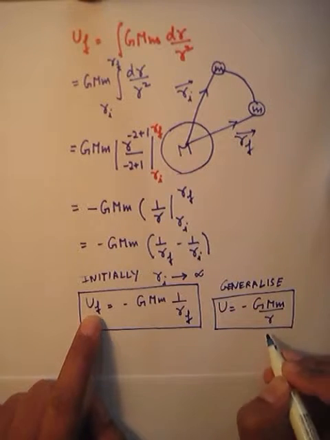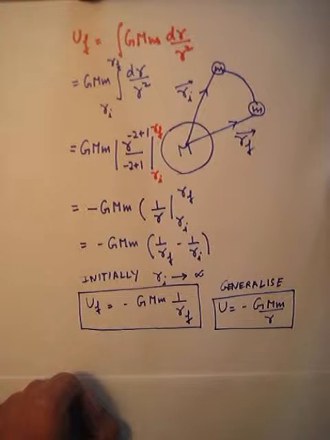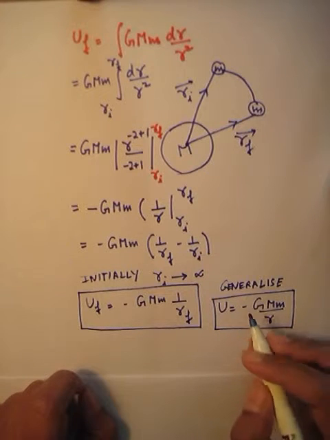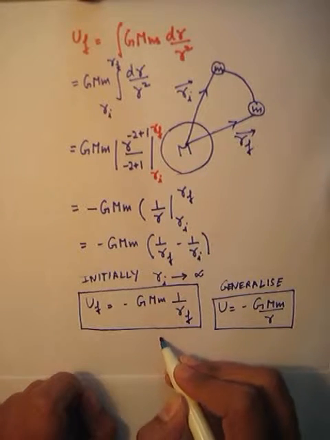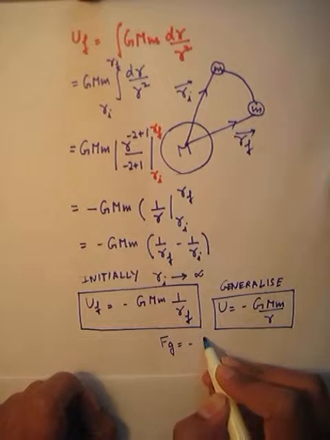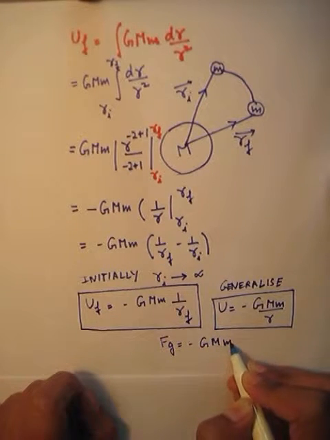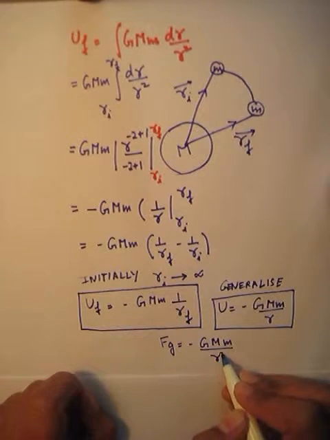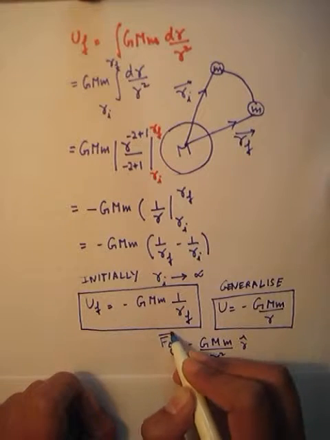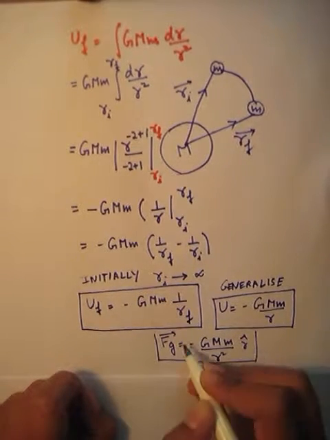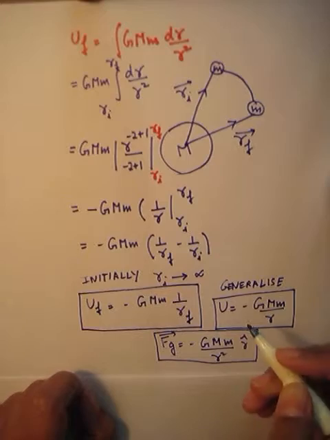For each value of r, there will be a value of potential energy. Now if we remember, the gravitational force for this potential energy was minus G capital M small m upon r square r unit vector. This was the gravitational force where we started from to derive this.